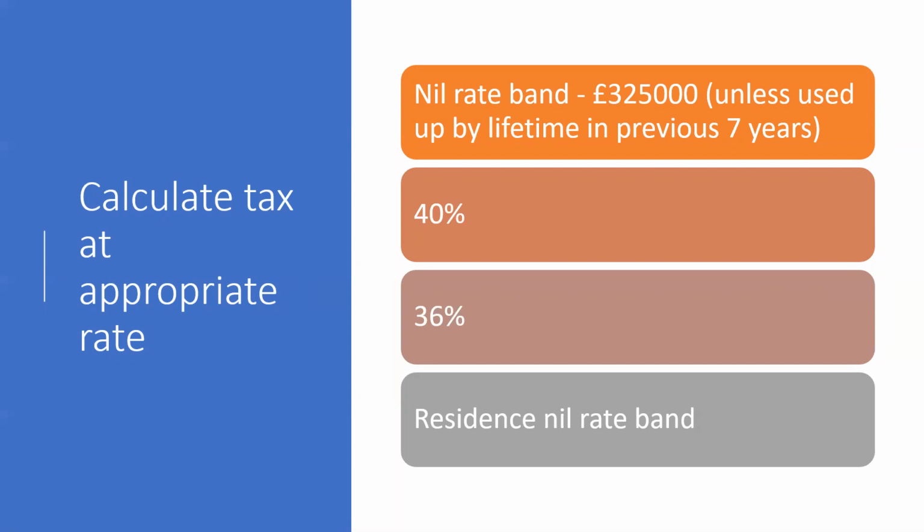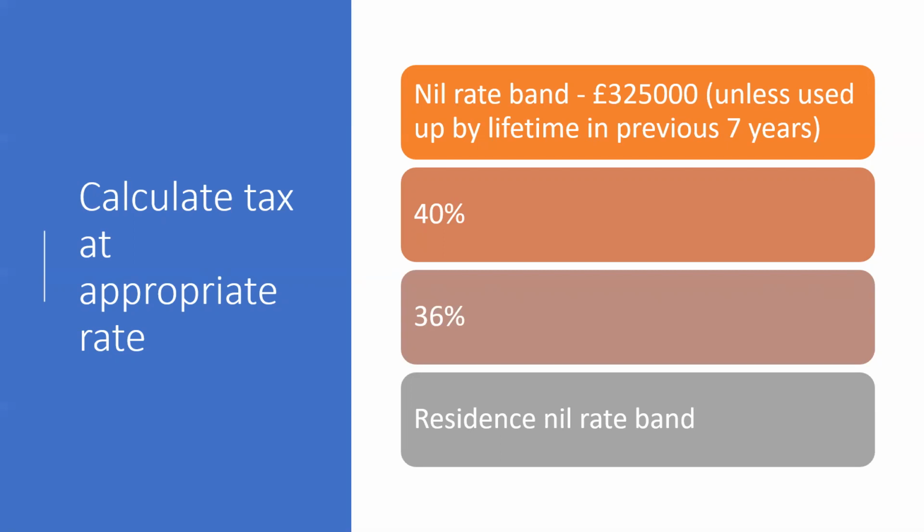And you work out how much of the spouse's nil rate band was used. So was there 50% of it left? Was there 100% of it left? Whatever it was. And then you apply that percentage to increase the current nil rate band.